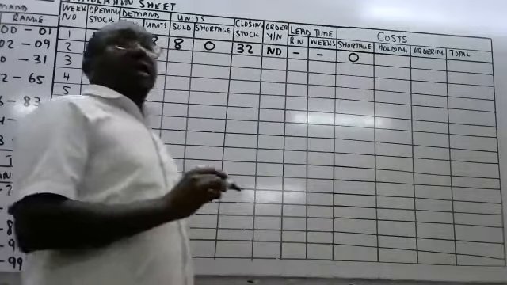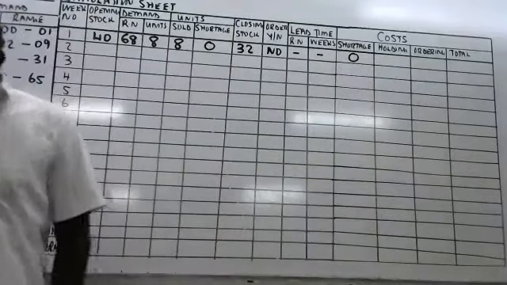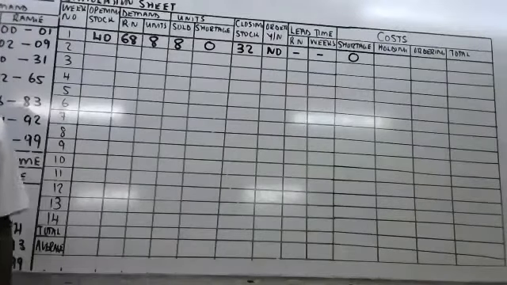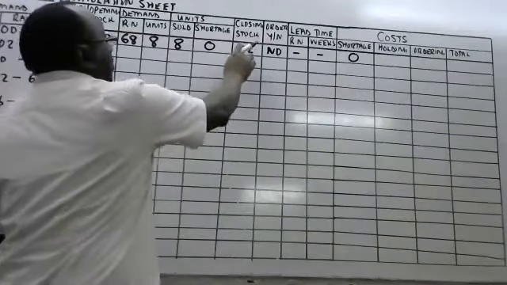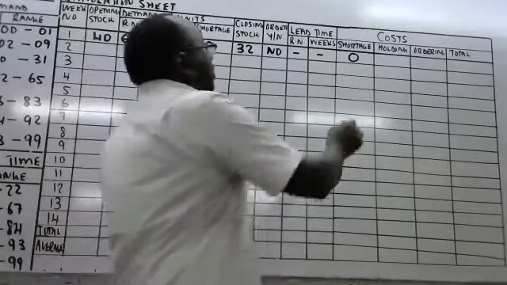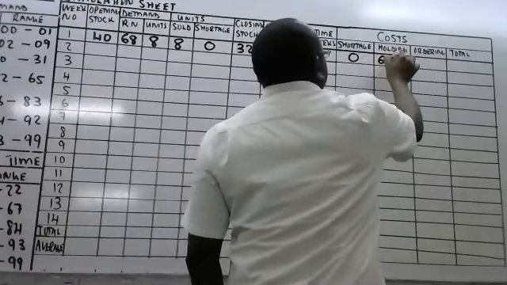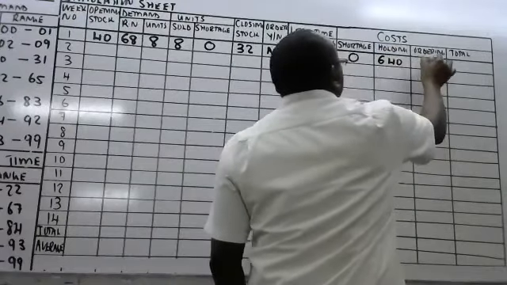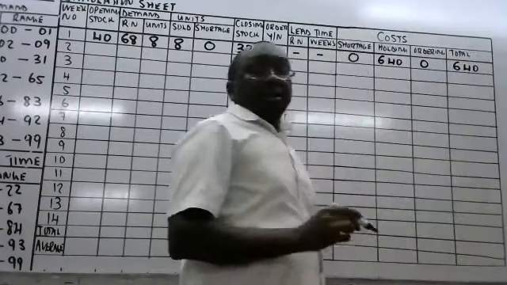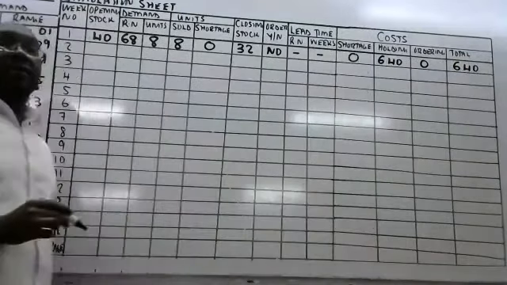But now the holding, according to information 2, is 20 shillings. So take 20 times the closing, 640. There is no ordering, so the total cost is 640.